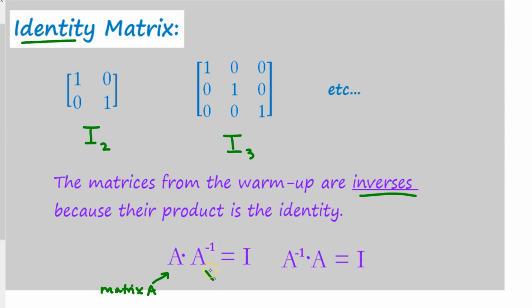It's really not an exponent, it's just a symbol that means the inverse. So if you multiply A by A inverse, you'll get the identity. Or if you multiply A inverse by A, you'll get the identity. The order doesn't matter when you're multiplying inverses.